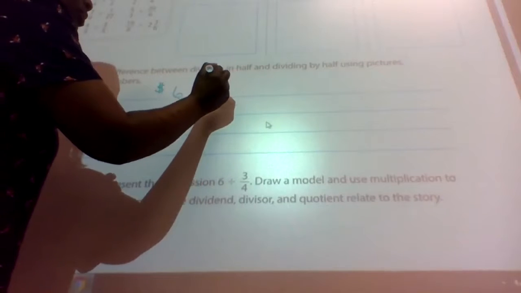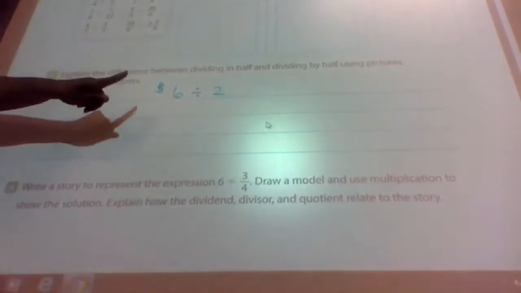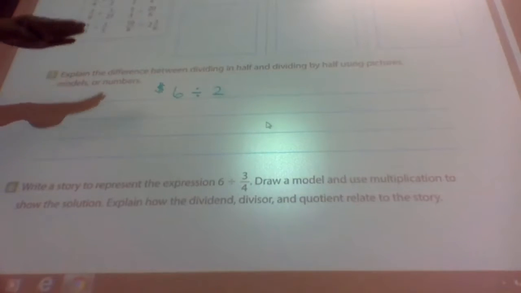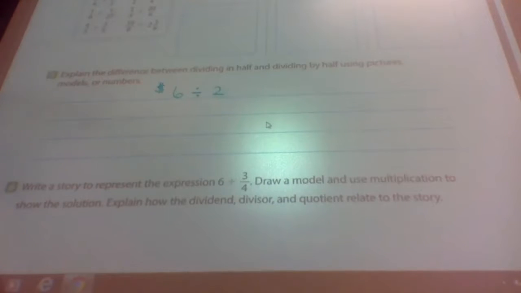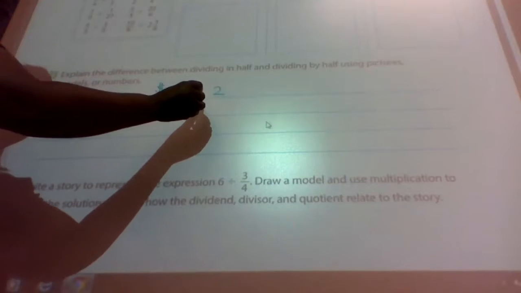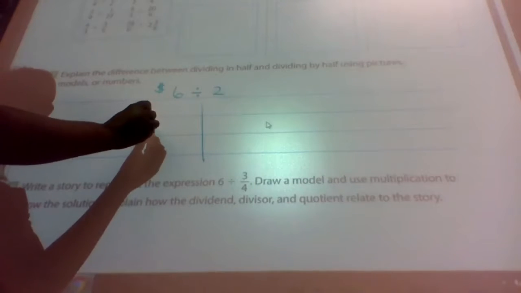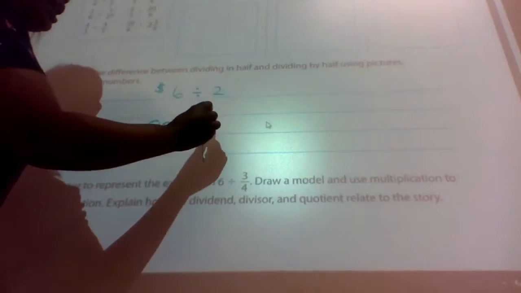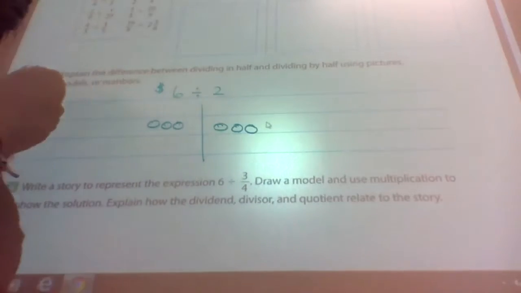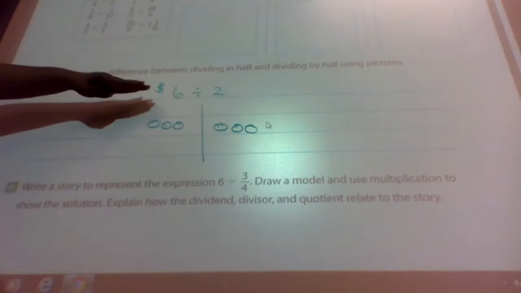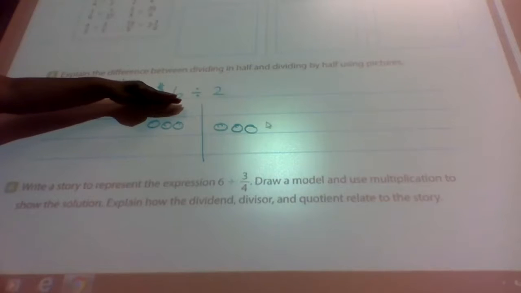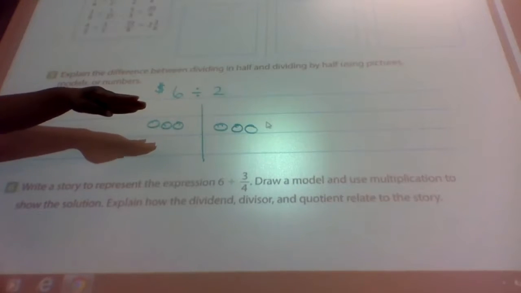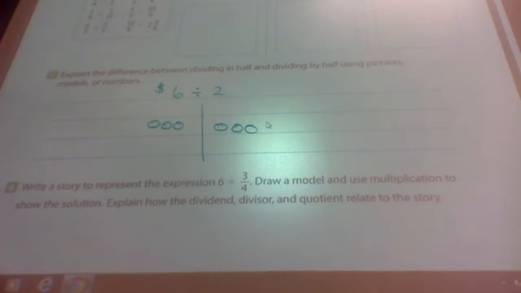That means I got 2 groups, right? I have 3 in this group and I have 3 in that group. So this is 6 divided by 2. Okay, I got 2 groups of the same number.